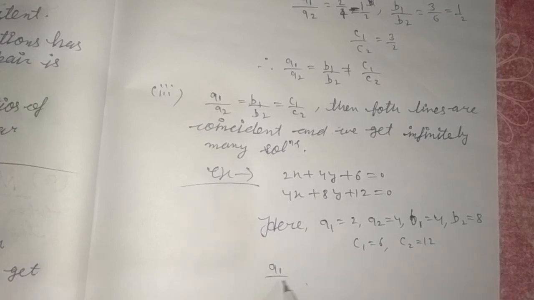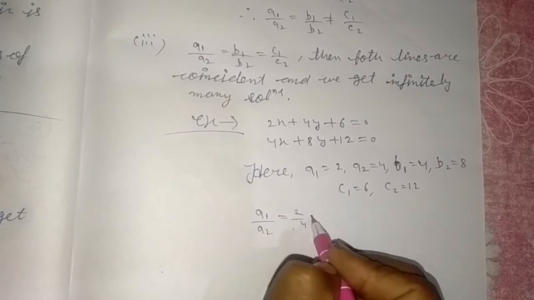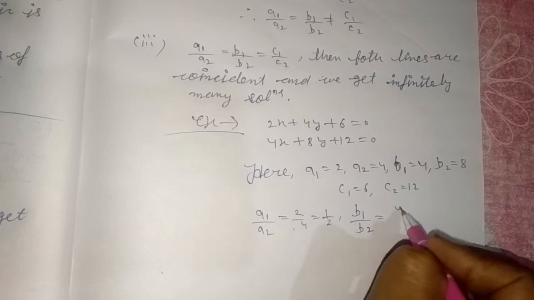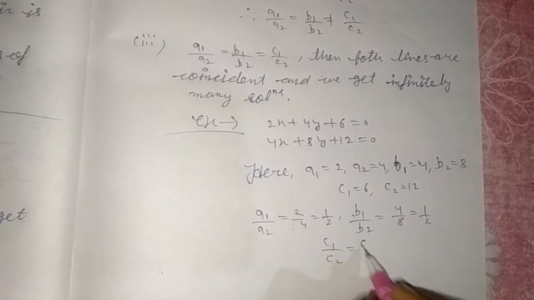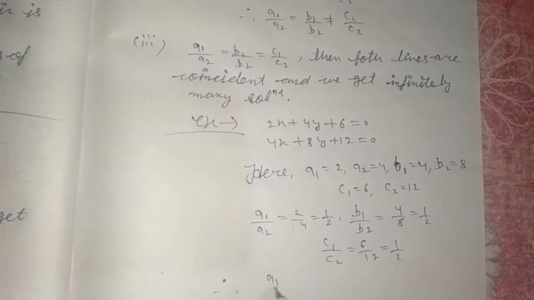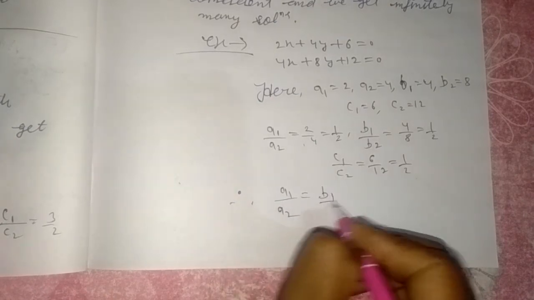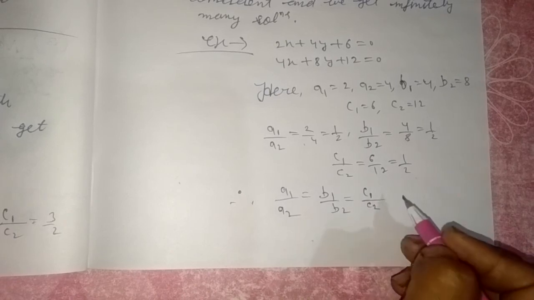Here a1/a2 equal 2/4 means 1/2, b1/b2 equal 4/8 means 1/2, c1/c2 equal 6/12 means 1/2. Therefore all three ratios are equal.